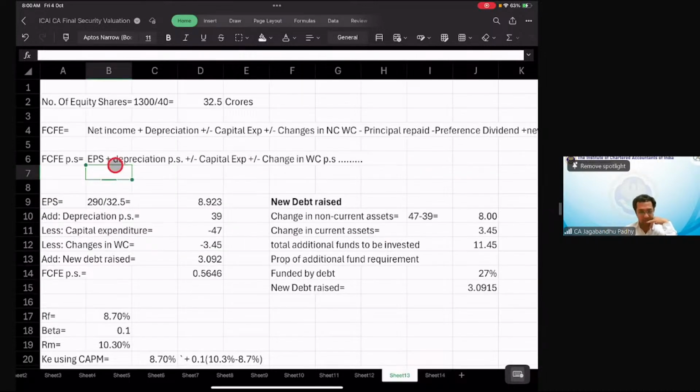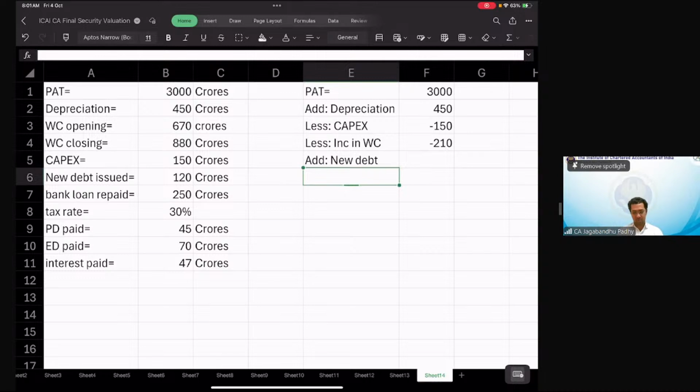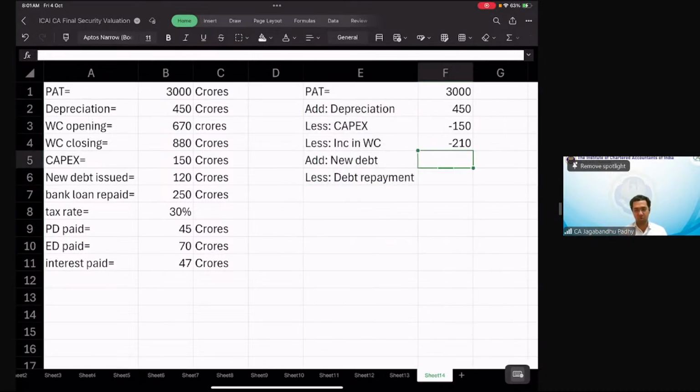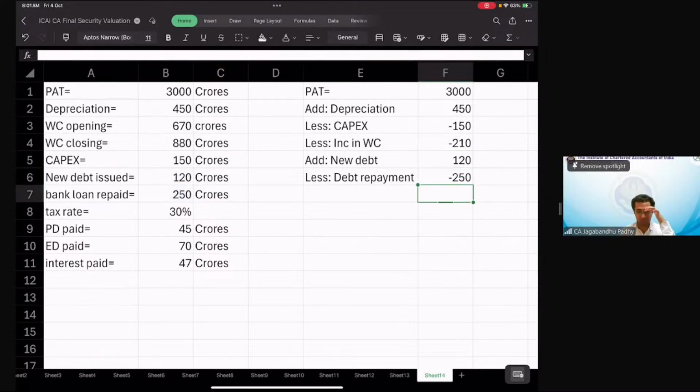So we add new debt and also less debt repayment. New debt will be 120 crores coming in and 250 has been repaid.